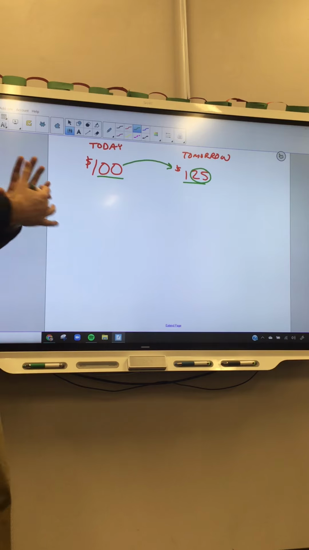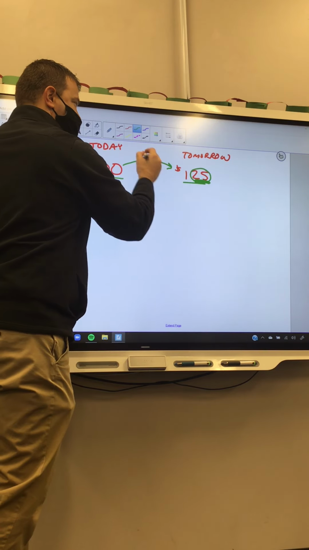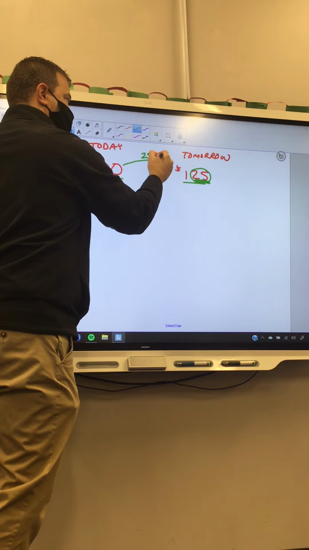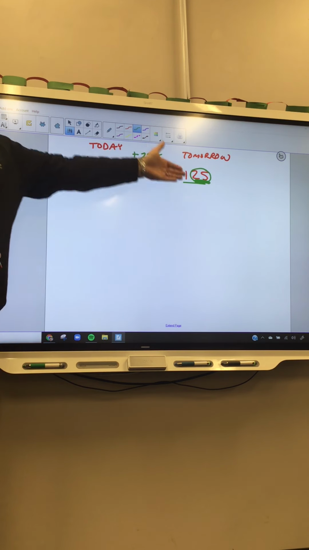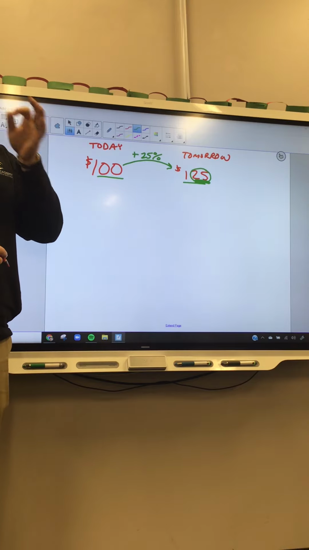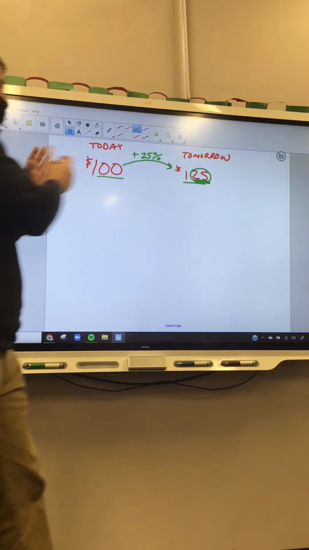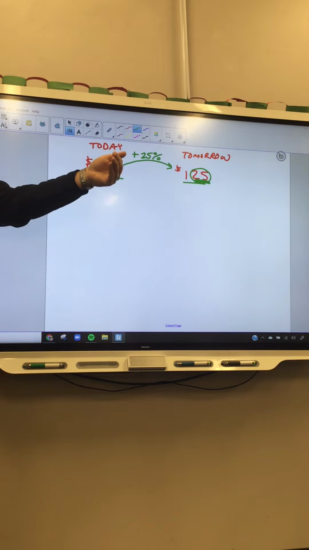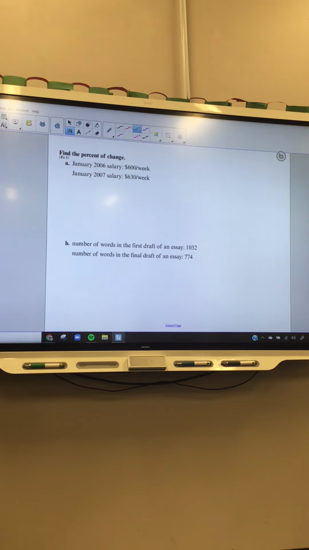So the increase that I had was a 25% increase. So to go from $100 to $125, our rate change was 25%. Does that make sense? The total amount that I now have is 125%, but our rate change itself was just 25%. So that's the type of problems that we're going to be looking at today.